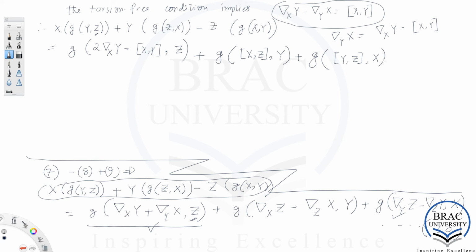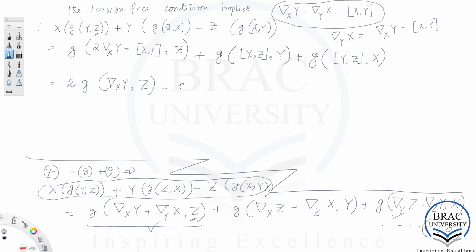Good, which is equal to, by using the property of the metric tensor field, since it's a 0, 2 tensor field, and so we can take this 2 out, and we have g nabla x y from the linearity.